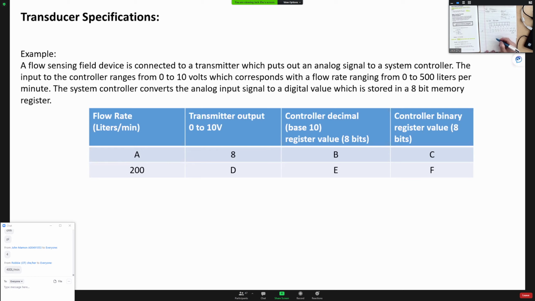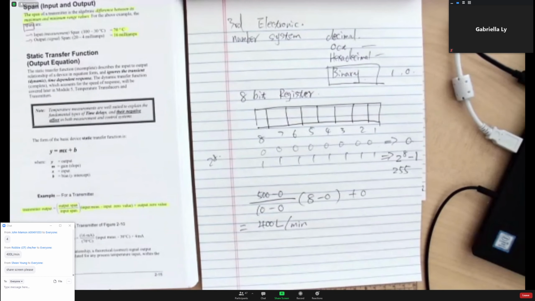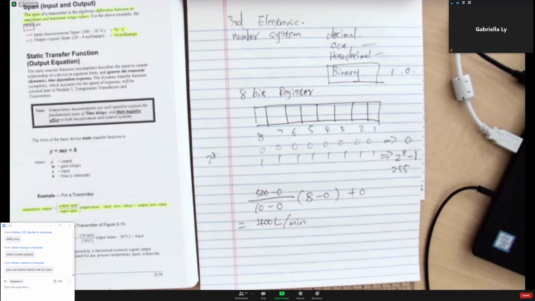So you have 500 subtract 0 over 10 volts subtract 0, times 8 volts. Now we get 400 liters per minute.